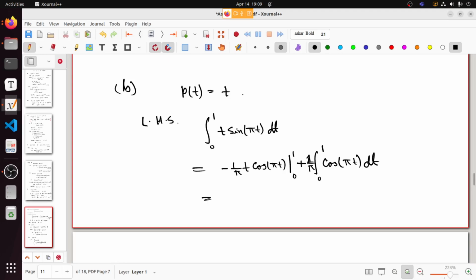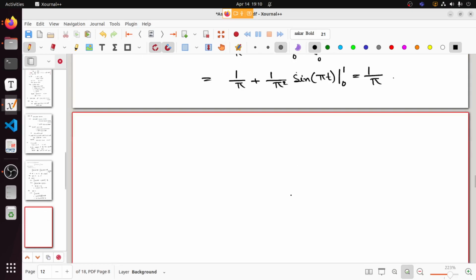If you put in 1, you will get 1 by pi plus 1 by pi times the integration of cos pi t, which gives 1 by pi square sine pi t from 0 to 1, and this is again 0. So you will get 1 by pi. So the left hand side gives 1 by pi, and what is the right hand side?